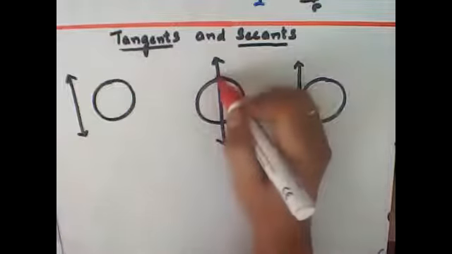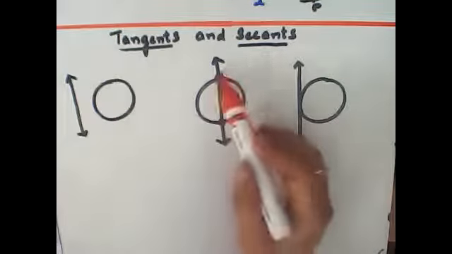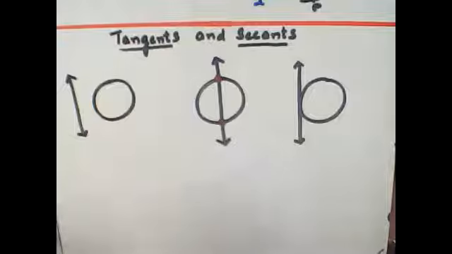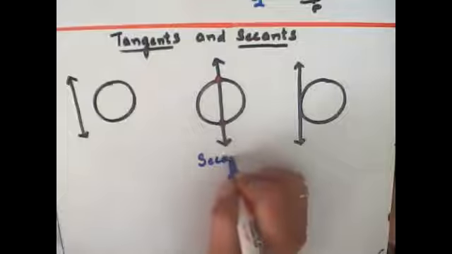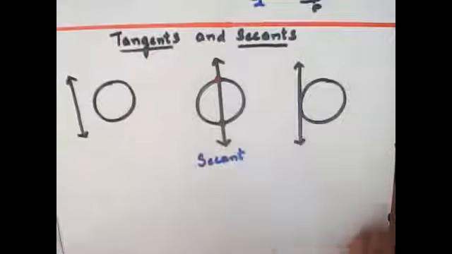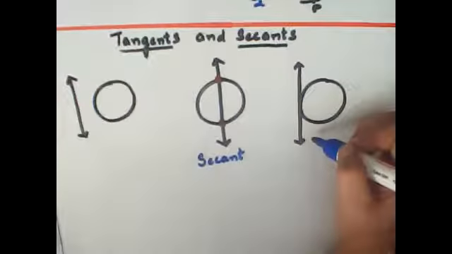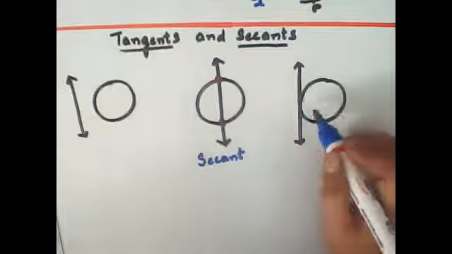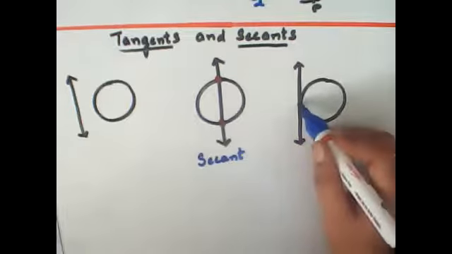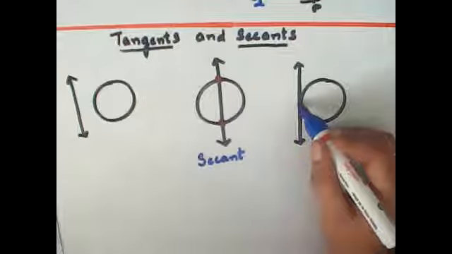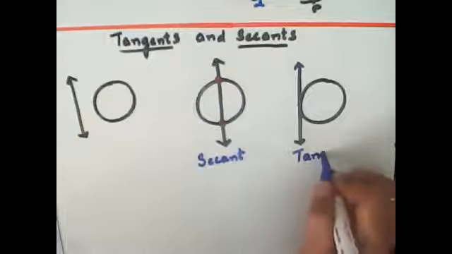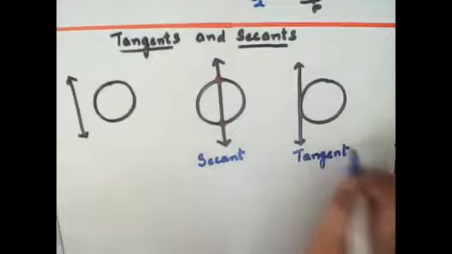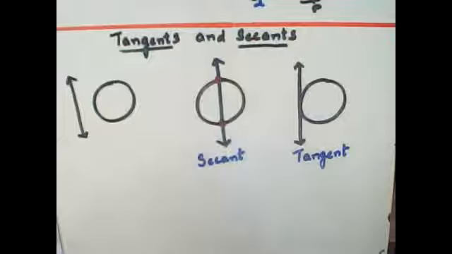Such a line which intersects the circle at 2 points is called a secant. And a line which intersects the circle at only 1 point, which just touches the circle at only 1 point, such a line is called the tangent to a circle.